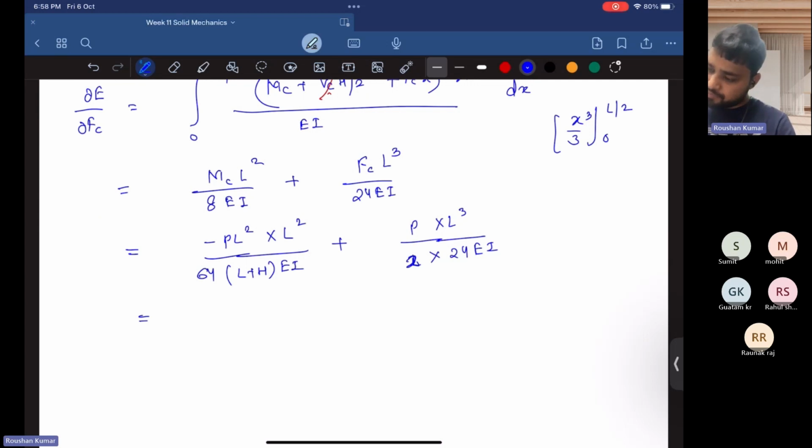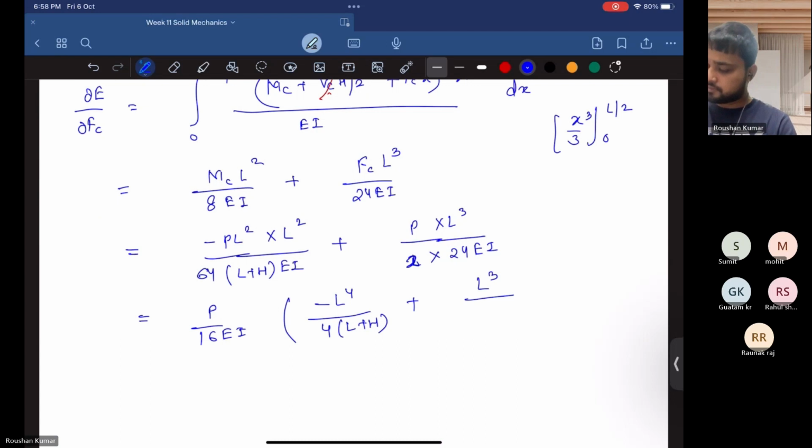So it becomes P by 16 EI minus L to the power 4 upon 4 into L plus H plus L cube upon 3 into 3, just only 3.